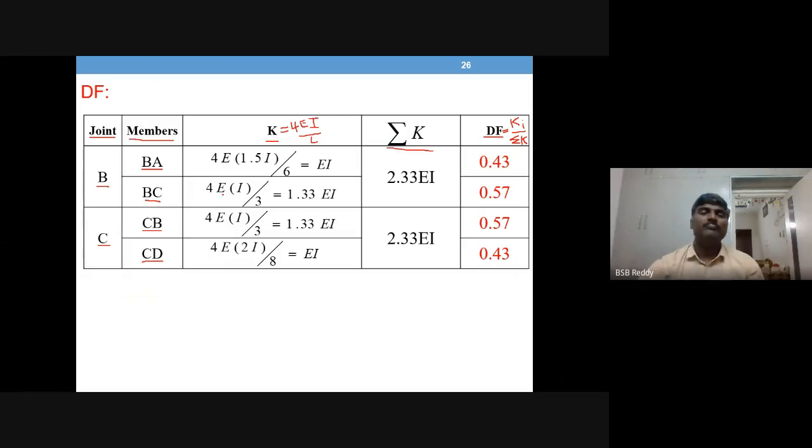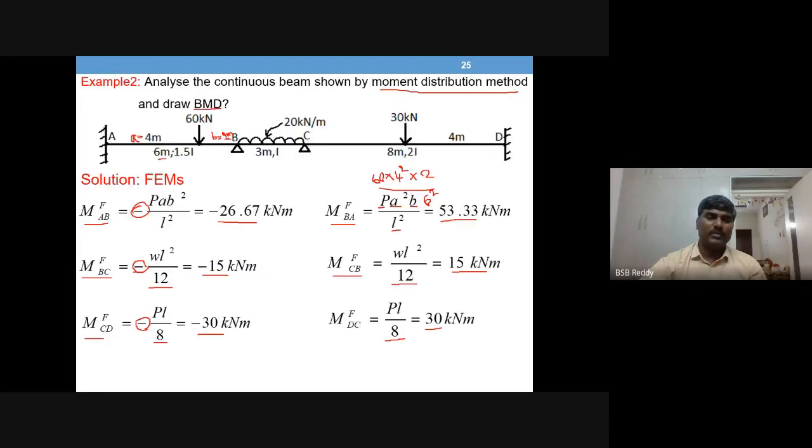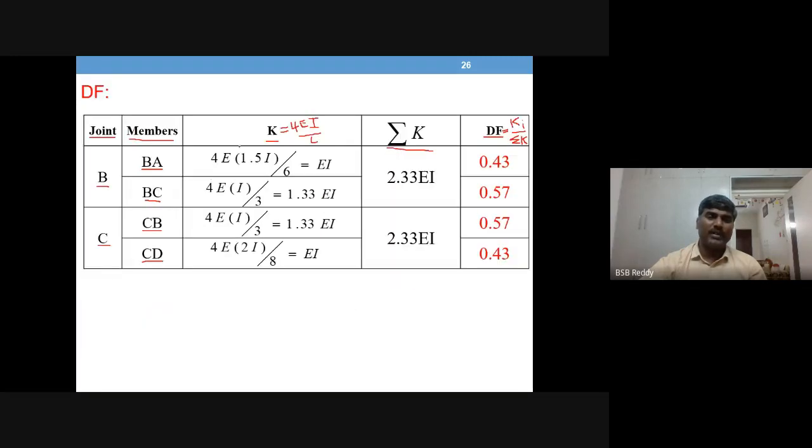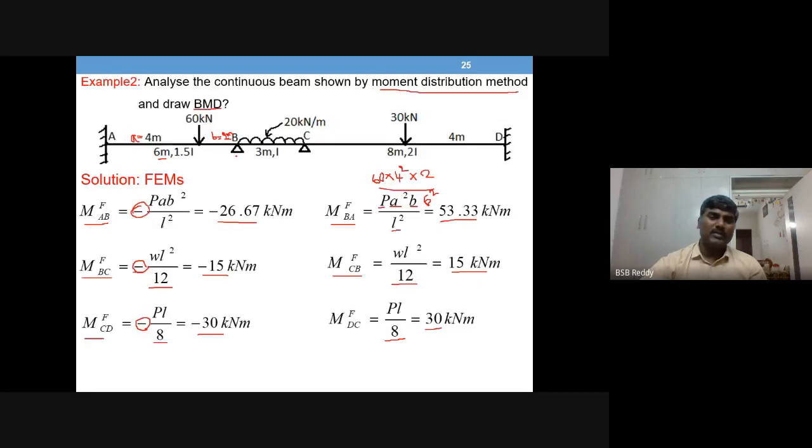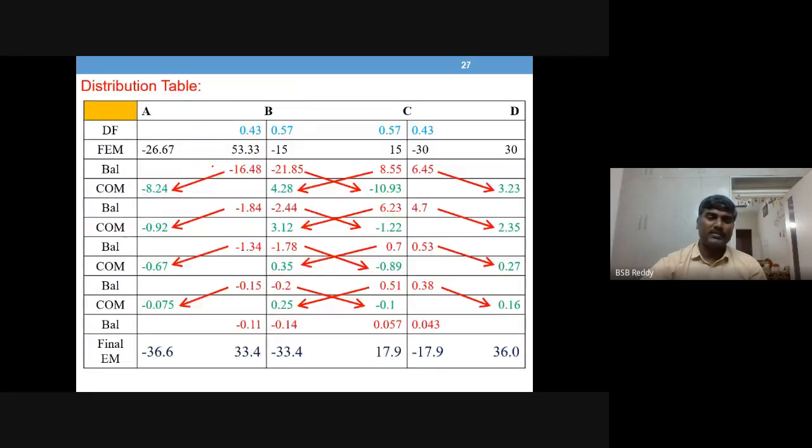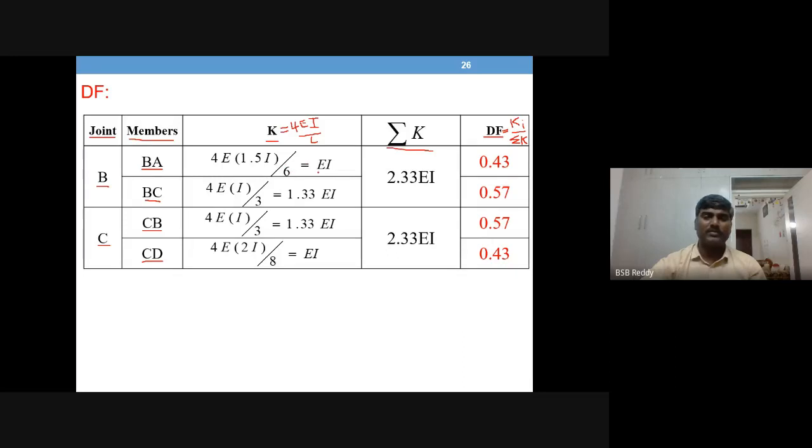Now, stiffness values of all these four members, we shall calculate. So, 4EI, what is I for BA? 1.5 times I, divided by L. What is the AB span? 6 meters, so 6 meters is substituted.